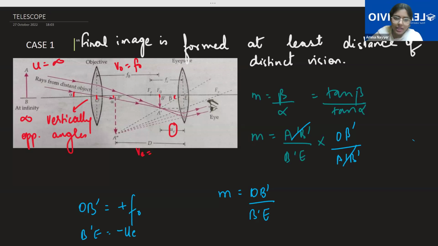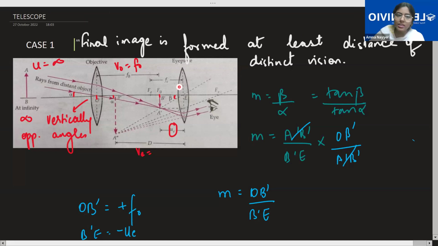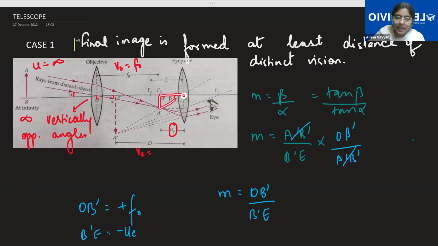Now if we have this alpha, A dash B dash divided by B dash O can be written. For beta, understand this triangle: perpendicular by base, A dash B dash by B dash C. For this alpha, consider this triangle.